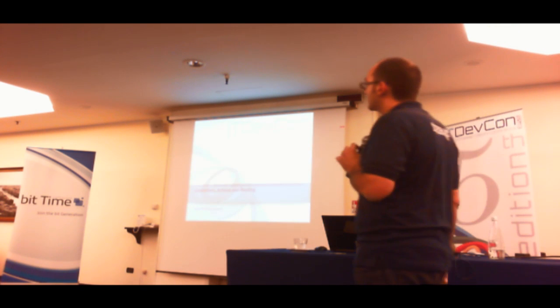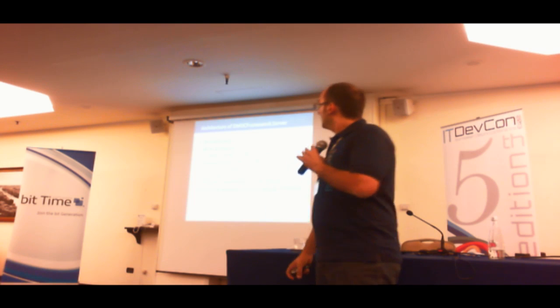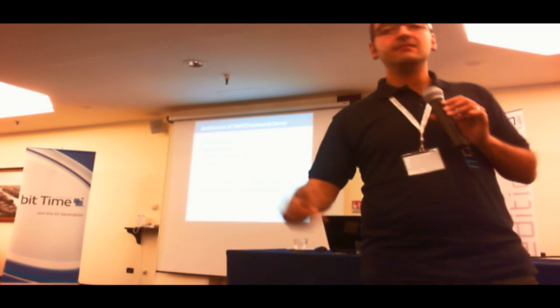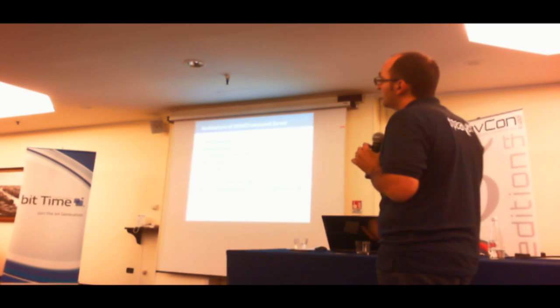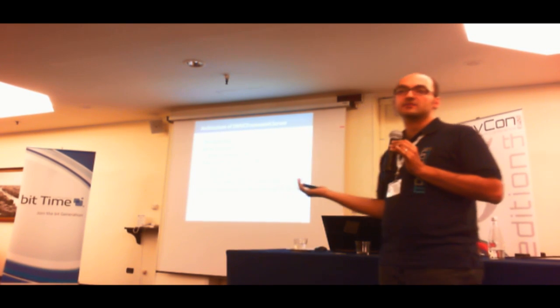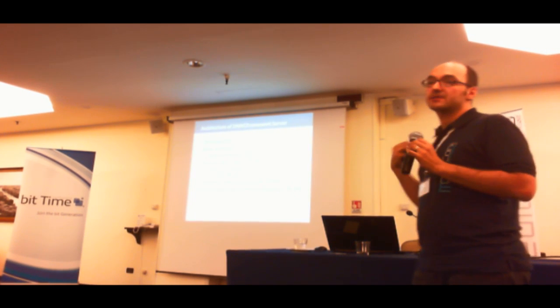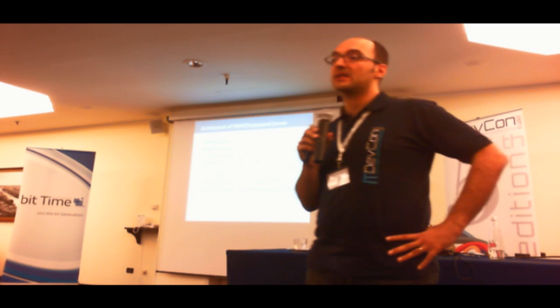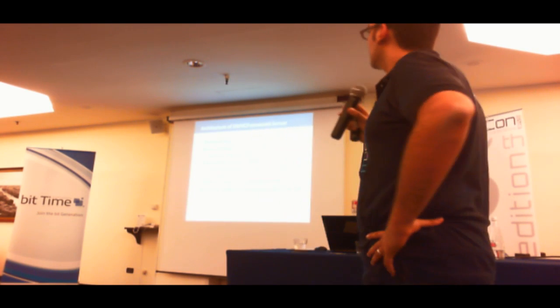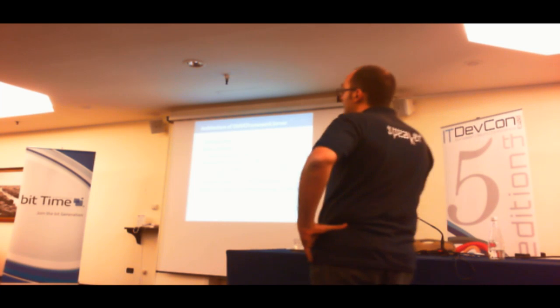Okay, let's talk about controllers, actions, and routing. The internal architecture of the MVC framework server is composed of one application, obviously, and many controllers. Controllers are simple classes that inherit from TMVCController.